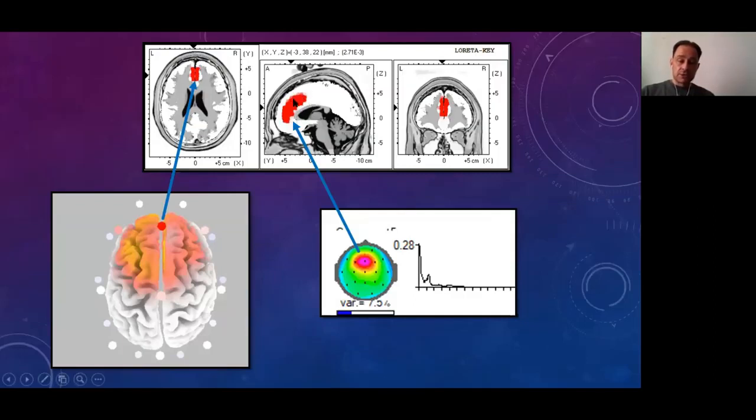This is the dorsal portion of the anterior cingulate, which controls cognitive functioning, so thinking a lot. And this is the ventral portion of the anterior cingulate, which controls affect regulation. So I think too much, therefore I become depressed, cognitive and affective. And again, this is from her EEG recording.